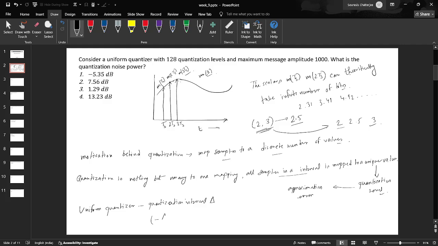So for example, we are mapping this interval here, minus delta over 2 to delta over 2 to 0, then delta over 2 to 3 delta over 2 to delta, stuff like that. So that is what is called a uniform quantizer, where the successive gap between the quantization levels is a constant.